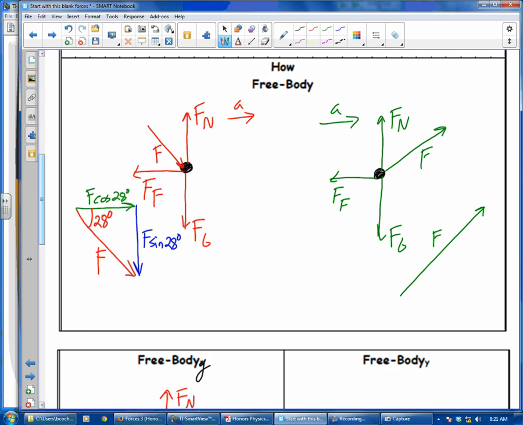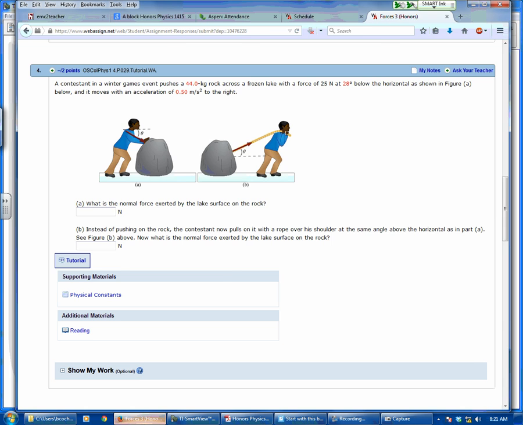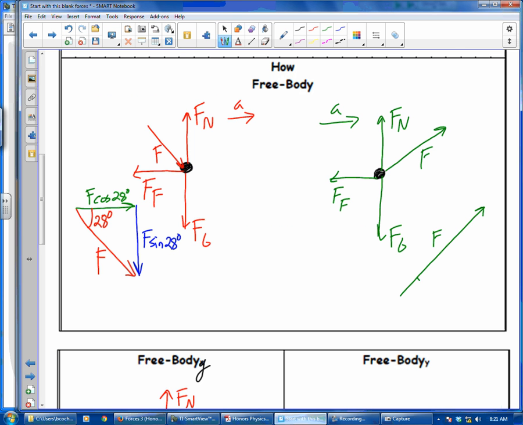And I think it tells me, yes, that this angle down here is my 28 degrees. So I end up with a horizontal component of F cosine 28 degrees and a vertical component that is F sine 28 degrees.